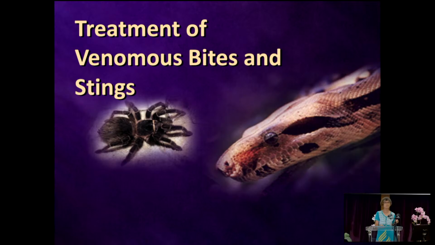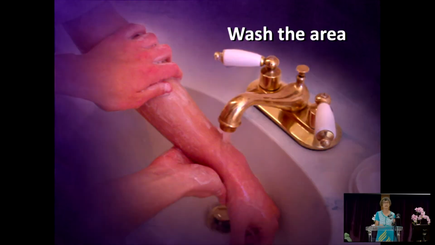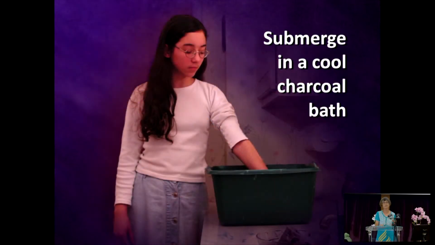For treating venomous bites and stings, that means they are poisonous. Okay, again, you want to wash the area if you can. Then put charcoal powder in a tub or basin or pail and immerse that part that had been bitten into that charcoal water or charcoal bath.